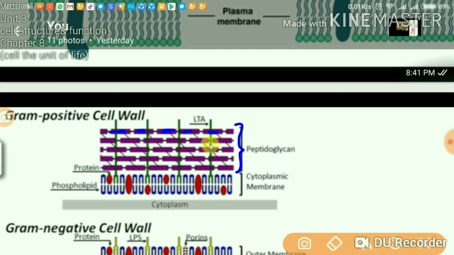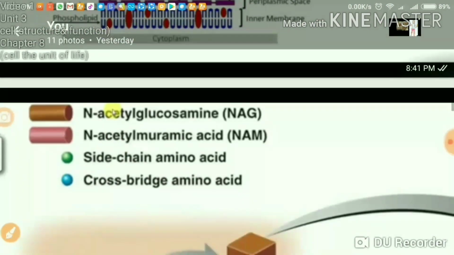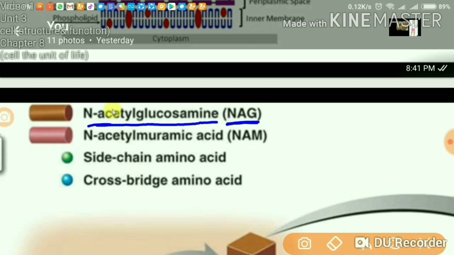The first one is known as NAG, the second one is known as NAM, and NAG and NAM are alternately arranged. What is the full form of NAG? NAG is N-acetyl glucosamine, and NAM is N-acetyl muramic acid.